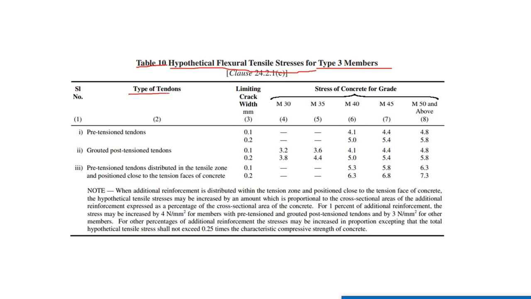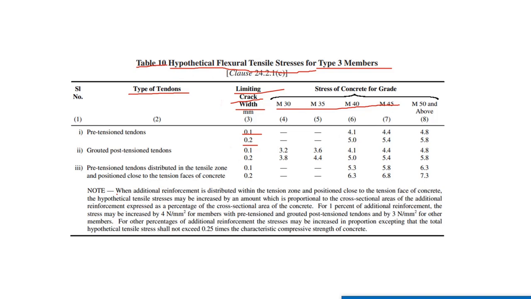The values are given for different types of tendons and different limiting crack width criteria for each tendon, for 0.1 mm. So we have discussed in the previous slides that the limiting crack width is 0.1 for the severe condition and 0.2 for other conditions. So for each condition, the values of hypothetical tensile stress for different grades of concrete are given in this table number 10.